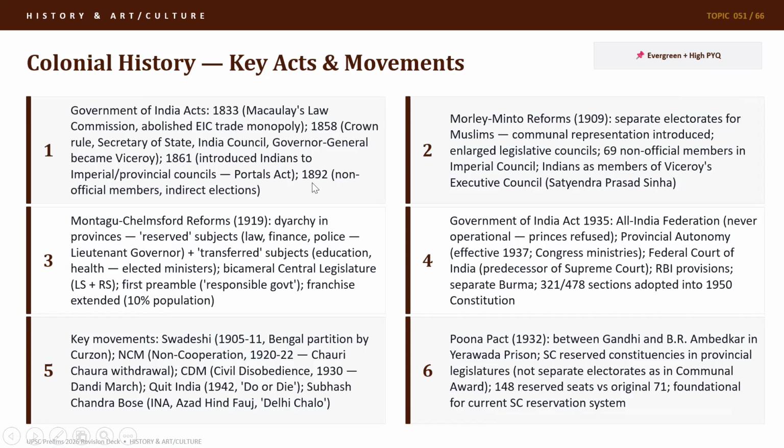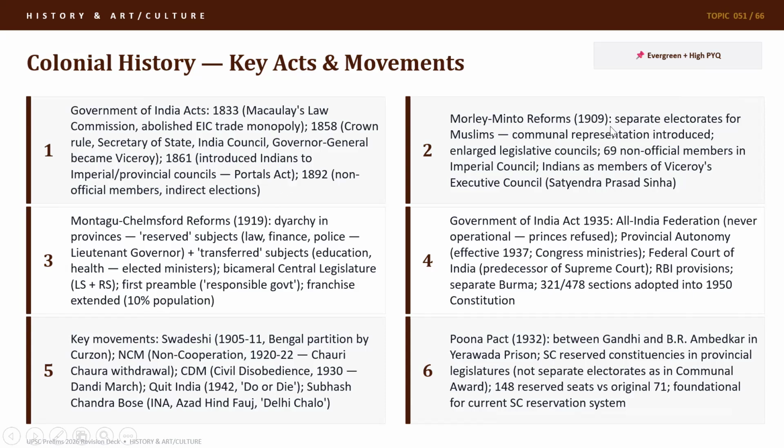Portfolio system was introduced. And 1892, non-official members in indirect elections were introduced. So go through all these acts. What were they called? What are the 4, 5, or 6, 7 very important points in these acts which have been asked across different PYQs in different forms and shapes? That is sine qua non. You should know it as static.